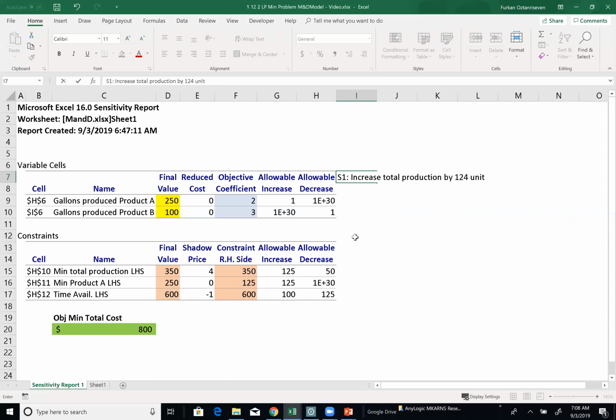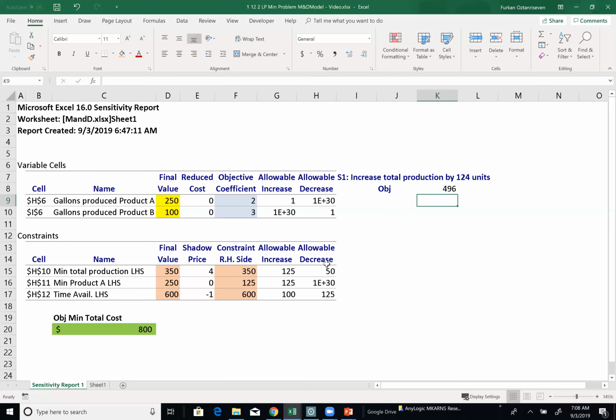Okay, so now if I do this, what I will have in terms of objective function value, I will observe an increase of $4 per unit times 124, which I need to check is less than the allowable increase.